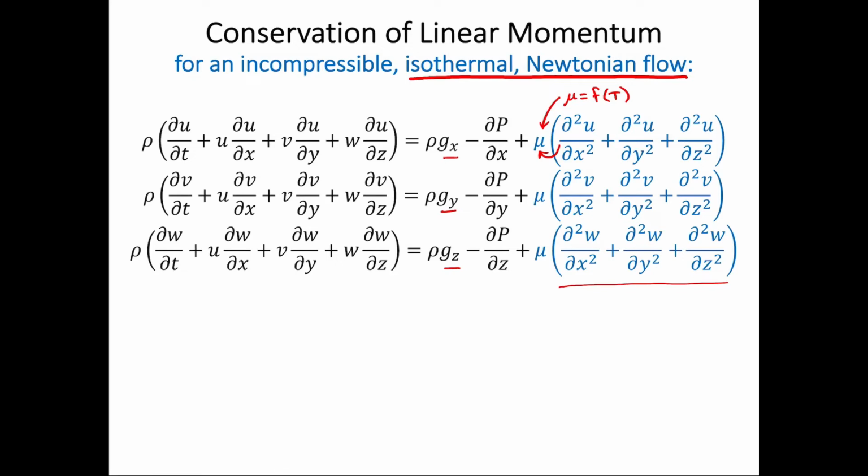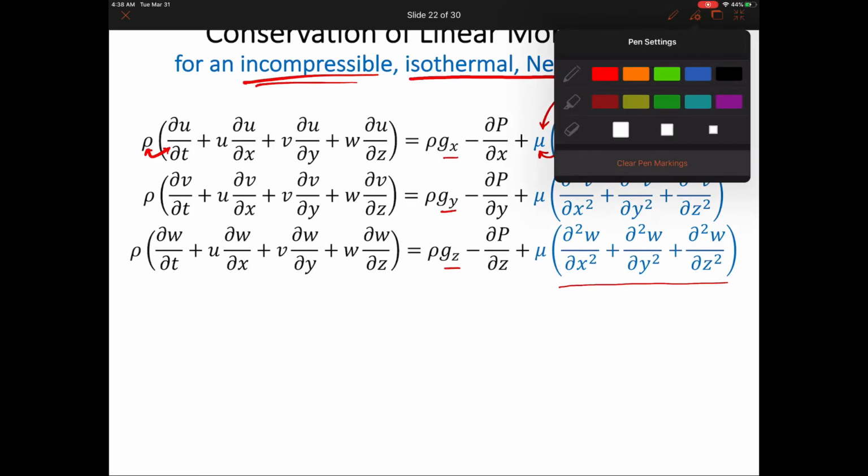If it were not isothermal, then this mu would need to be distributed in each of these locations, and in fact inside of the derivative, which would make things very complicated. Now, it's also incompressible, and that's really helpful because we were able to pull the rho, or the density, outside of the differential analysis on the left-hand side.